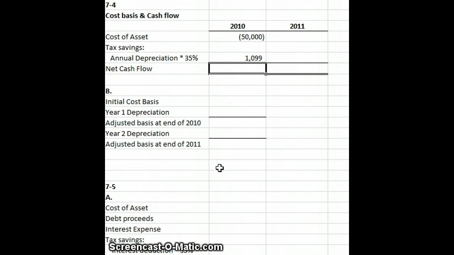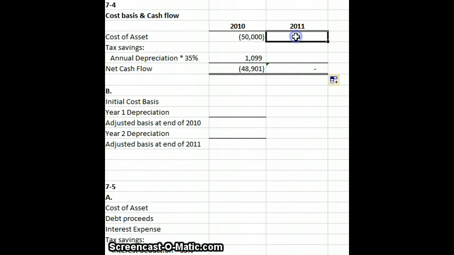My net cash flow for the year is going to be, I'm just going to auto sum this. So we'll add these two numbers together, and negative 48,901 is my net cash flow for 2010.